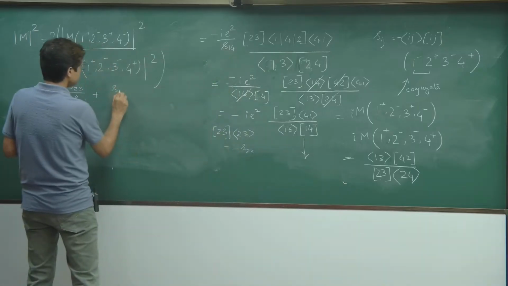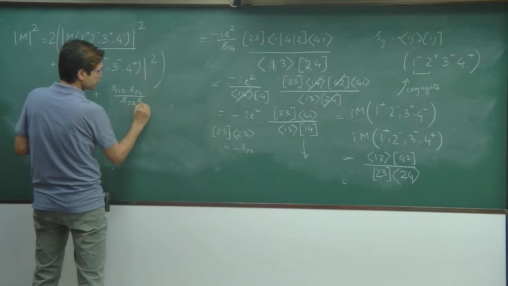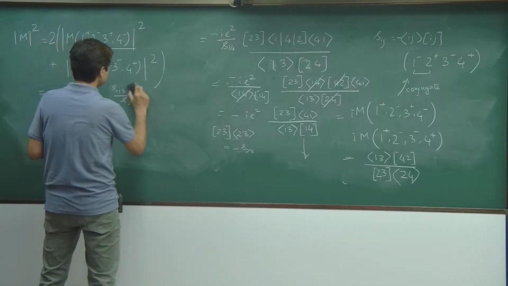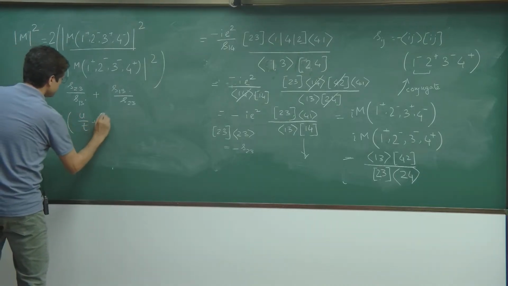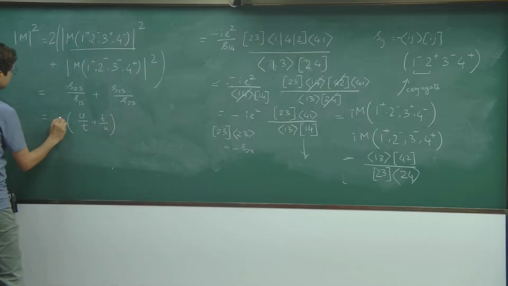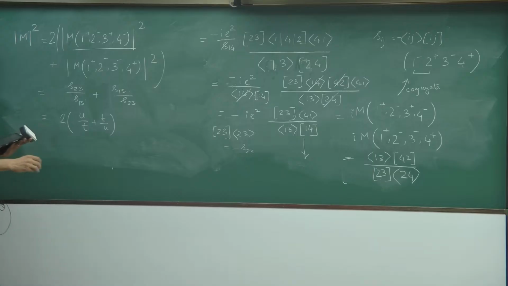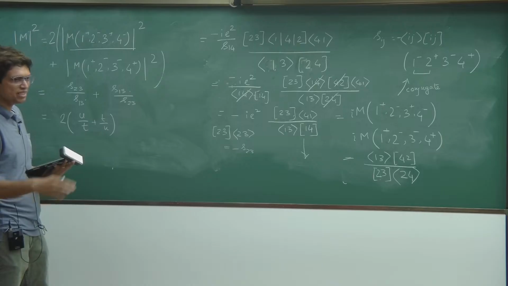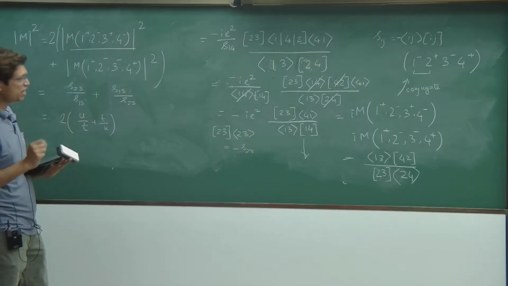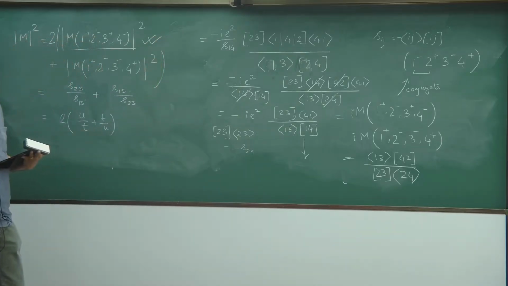So this is again s 1 3 2 4 divided by 2 3 2 4. Then 2 3 2 3 is gone. Okay. So this is basically u by t plus t by u. There is a 2. Okay. And now you can do the spin average and all those. So that is the result. Without doing any trace calculation, I have arrived at the result, and I have calculated only one amplitude, which is this. Okay. So this is basically the power of helicity formalism.